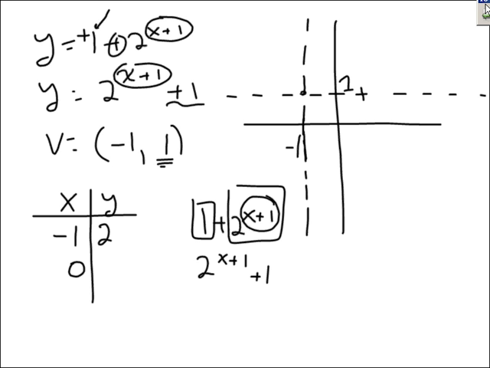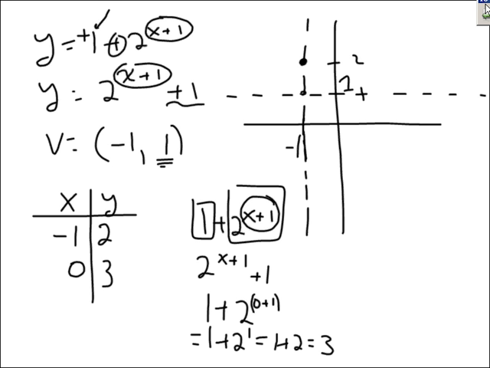Now, if x is 0, 1 plus 2 to the 0 plus 1, 0 plus 1 is 1. 2 to the 1 is 2. So we get 1 plus 2, or 3. So when x is negative 1, we go up 2. When x is 0, we go up 3.